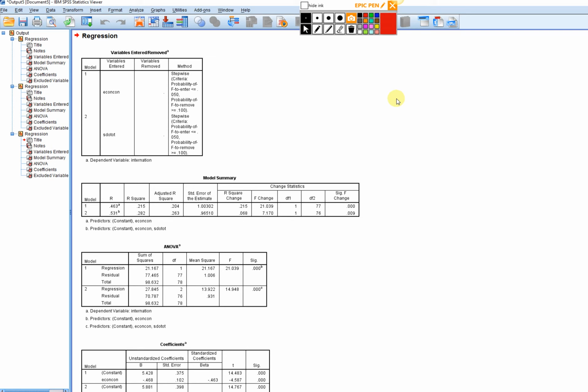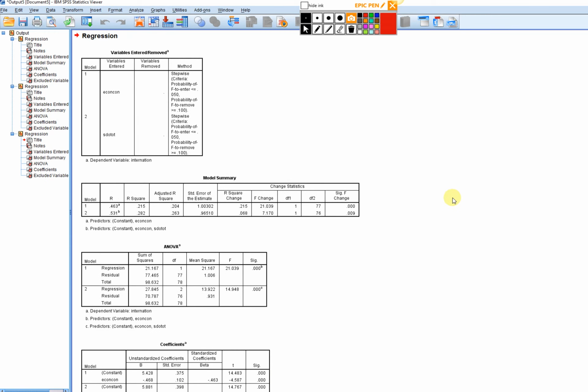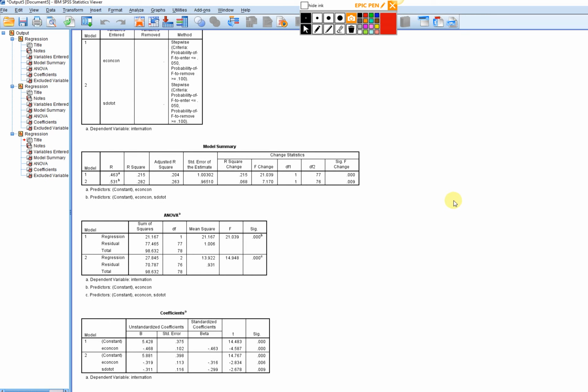With forward regression, those predictors would remain in the model, whereas with stepwise regression, those predictors would be eliminated. So literally, you're seeking out only those predictors that would be statistically significant in the final model.